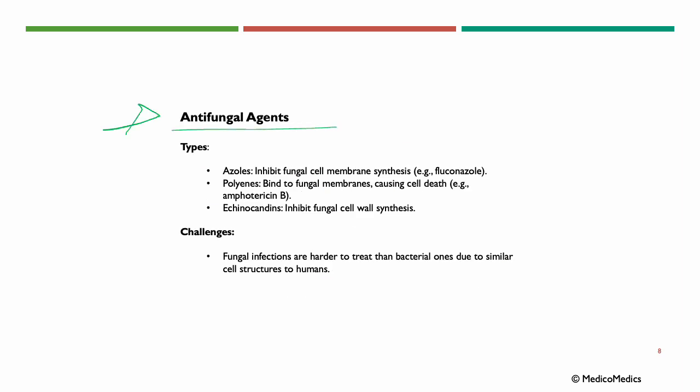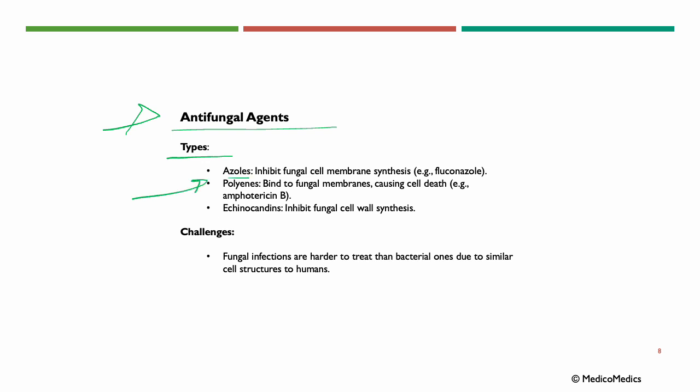Now, let's talk about some antifungal agents. And antifungal drugs target the unique parts of the fungi, like their walls or membranes. But treating fungal infections can be tricky because their cells are a lot like ours. So treatment needs to be very careful and specific. But what kind of types do we have?